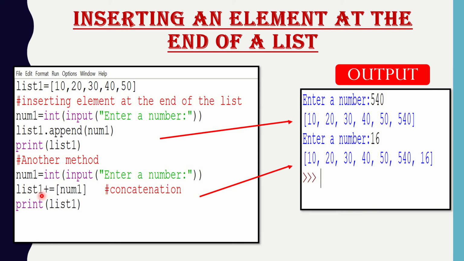So I've given here list 1 plus equal to num1, and num1 is within square brackets. Here you can see the previous list, and I have added 16 to it, so I get a new list here. So both these methods are available and you can use any one.